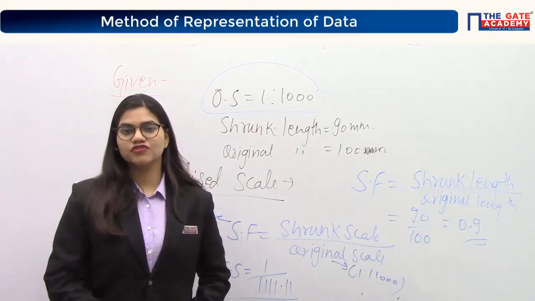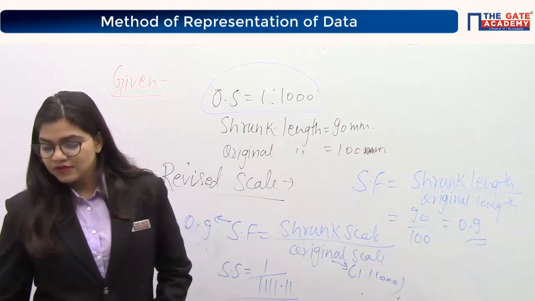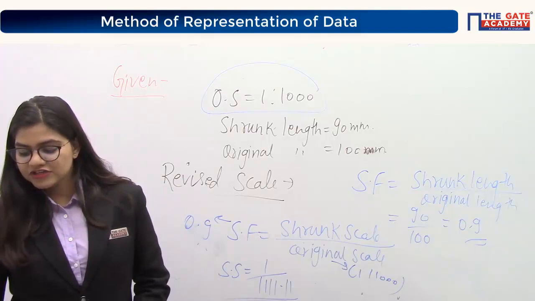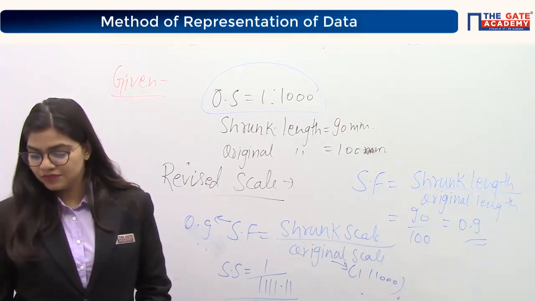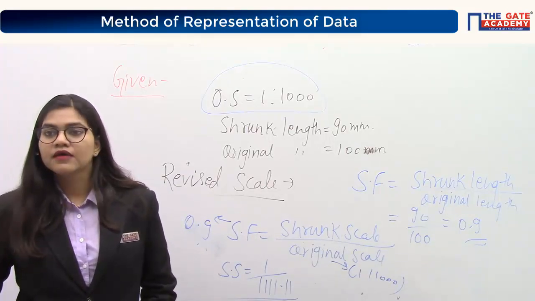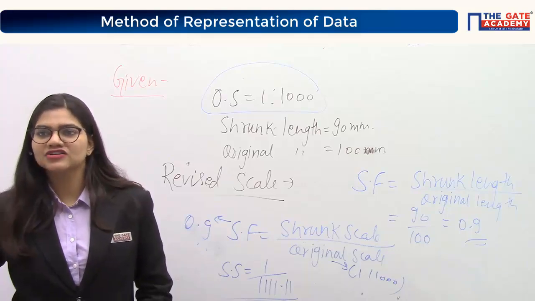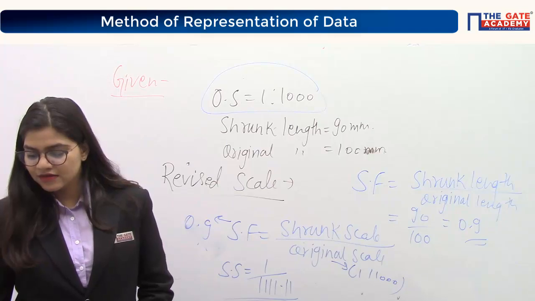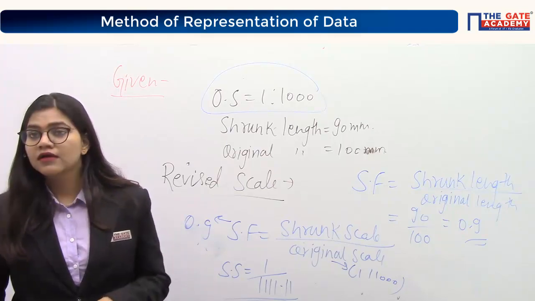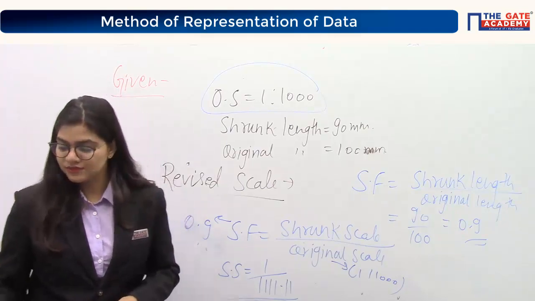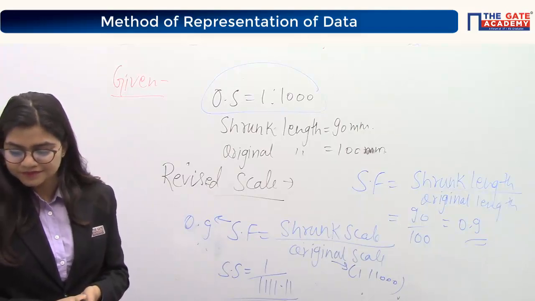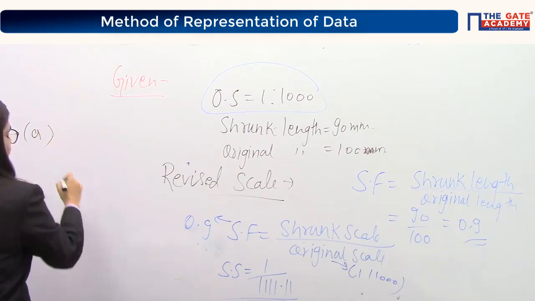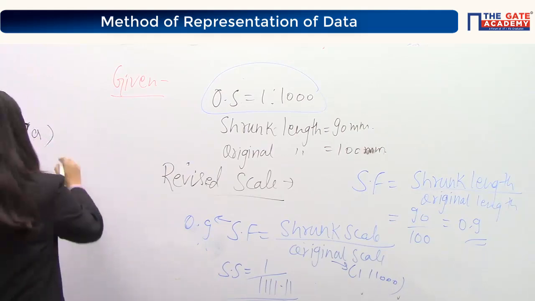Now write down the next question. Which of the following scale is the largest? And the options are: option A is 1:50,000.